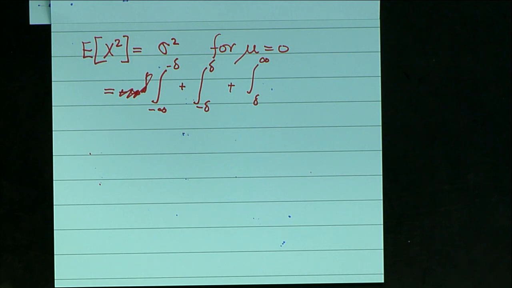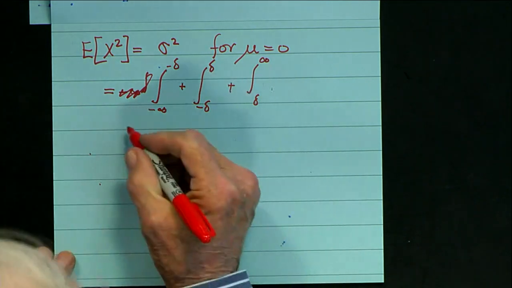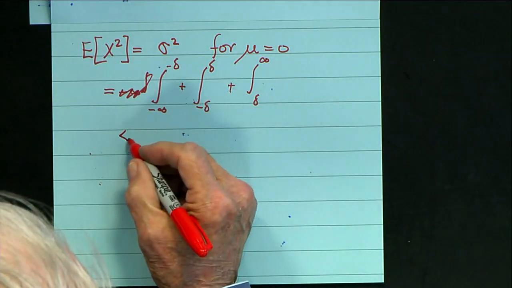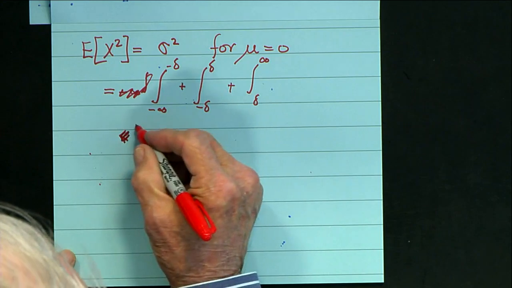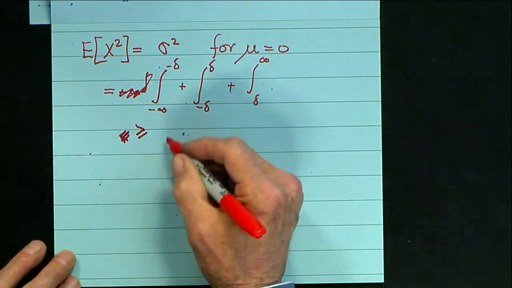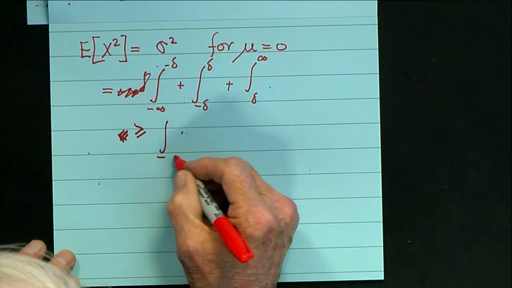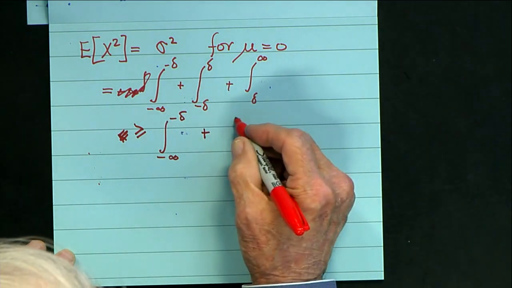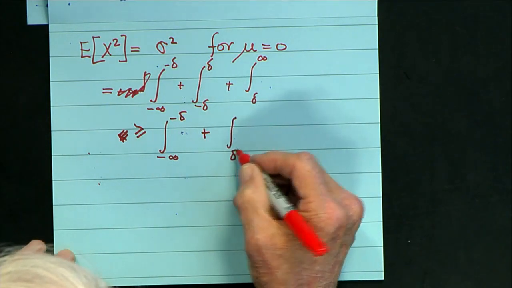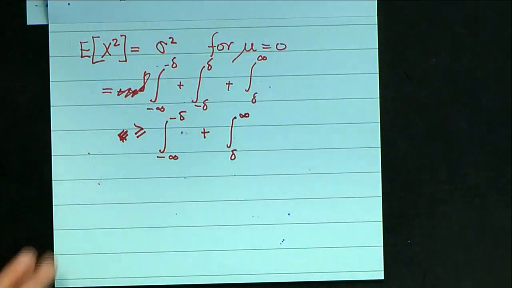Now, I claim that this is greater than the integral from minus infinity to minus delta plus the integral from delta to infinity, right?